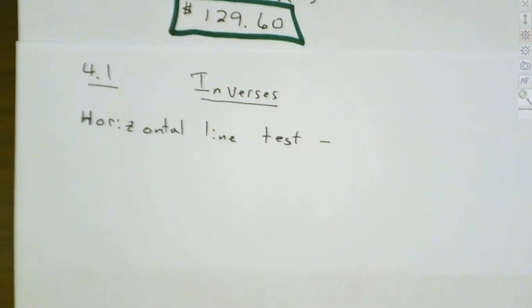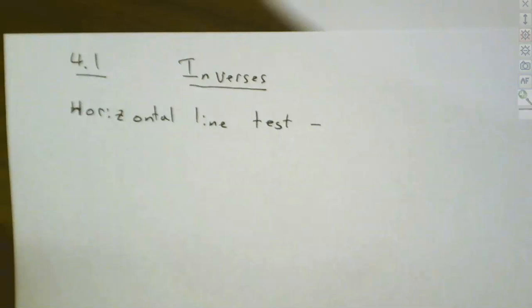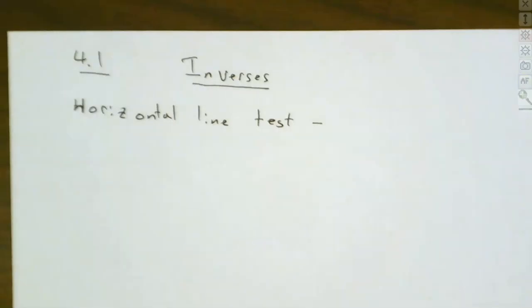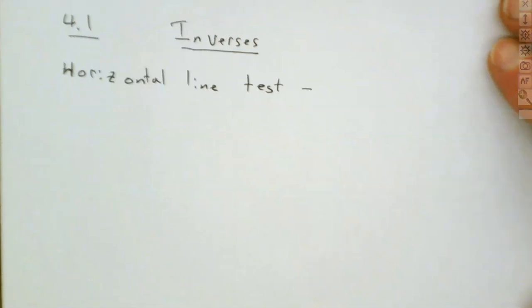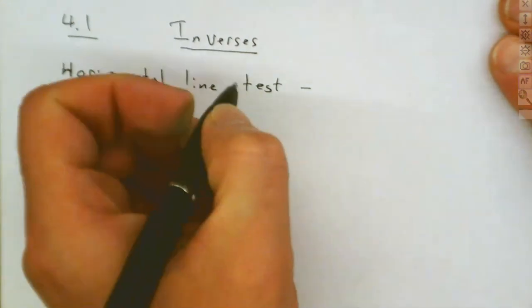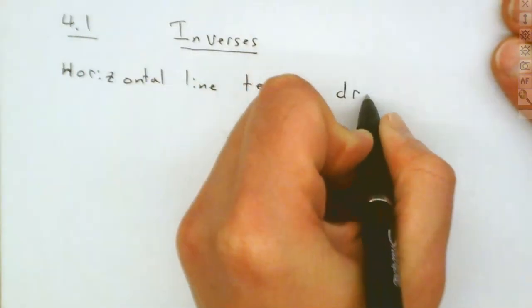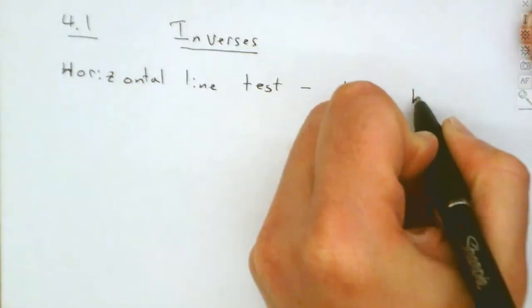I'll be right back. Just a moment ago, we were talking about the vertical line test that we used for functions. We did that in intermediate and college algebra. Now we're going to look at the horizontal line test. And for the horizontal line test, what you do is you draw horizontal lines.